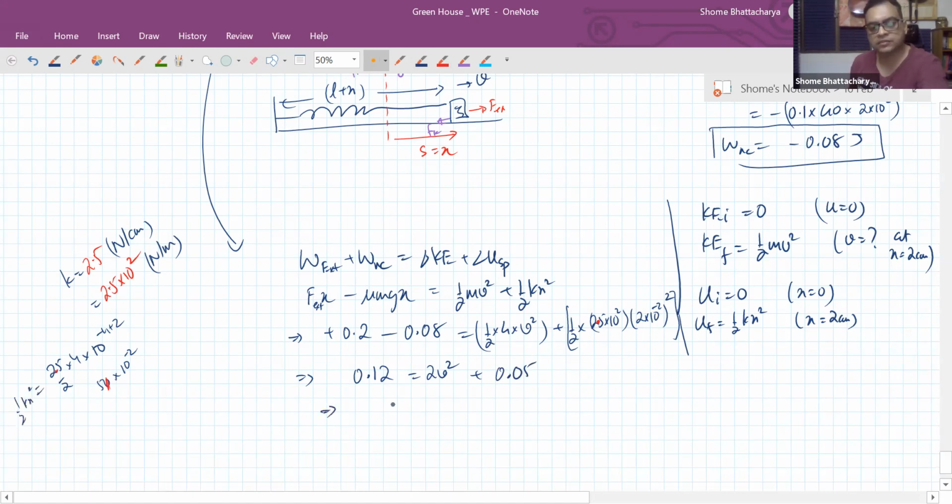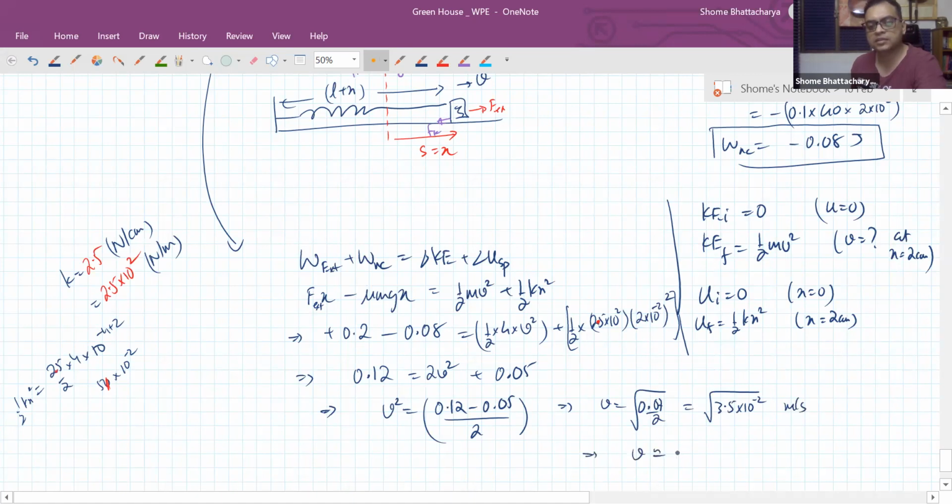Okay. So we can see that V square will become, in SI unit, V will become square root of 0.07 by 2, or square root of 3.5 into 10 raised power minus 2 in meters per second. Square root of 3.5 will be something a little bit less than 2, but greater than 1.7.